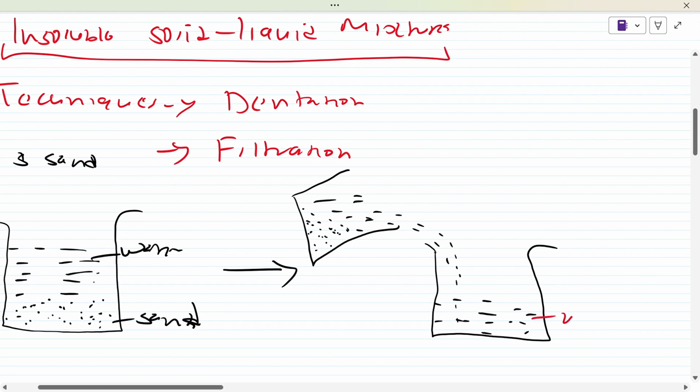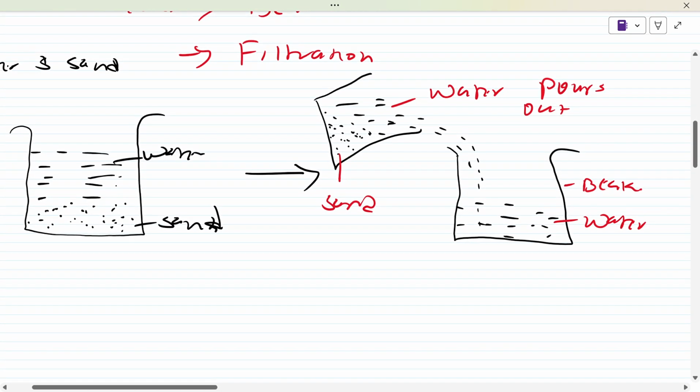The water is going to be in a new beaker. Remember, this is a beaker. Then water pours out, then sand will be there.